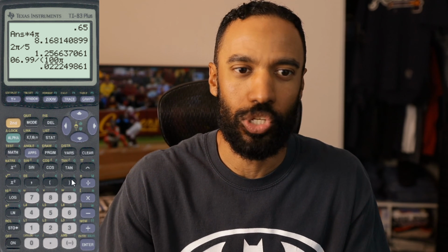So let's start with 6.99. $6.99 divided by 100 pi nets you about 2.22 cents per square inch. This is a good deal. I just realized this is a fantastic deal, by the way, no matter what you do.